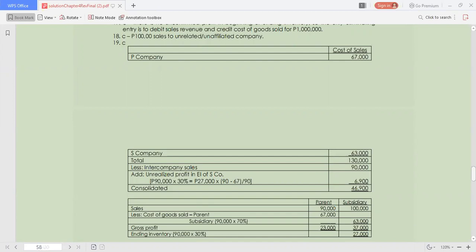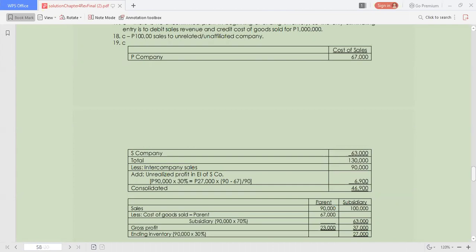So the amount of cost of goods sold that will be reported in the 20x4 consolidated statement is 67,000. So we have now S company for P company 67,000, and then for S company or Scrooge for 60 inventory of Scrooge. So the total is 130.